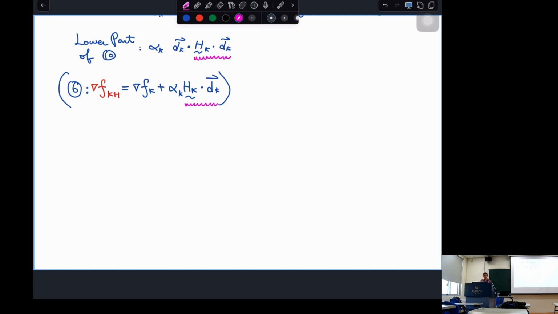So how can we handle the lower part of 10? What we can do is, from equation 6, pre-multiply dk.